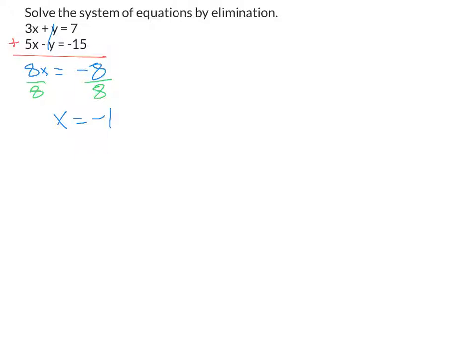Well, I have my value for x. I just need to go back and find my value for y. So I can pick either equation and plug negative 1 in. It doesn't matter. So I'll just choose the top. And instead of x, I'll put negative 1, since I know that's the value of x that I just found. Still plus y, still equals 7.